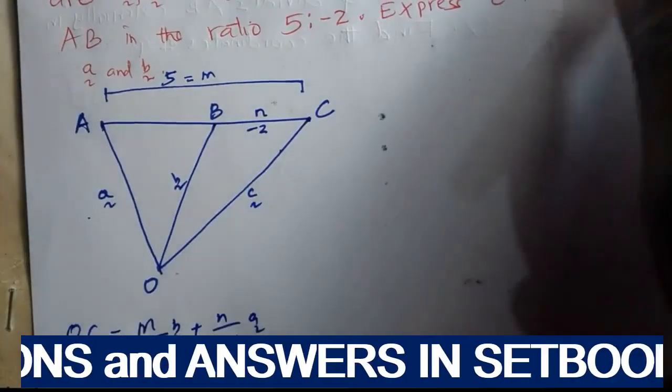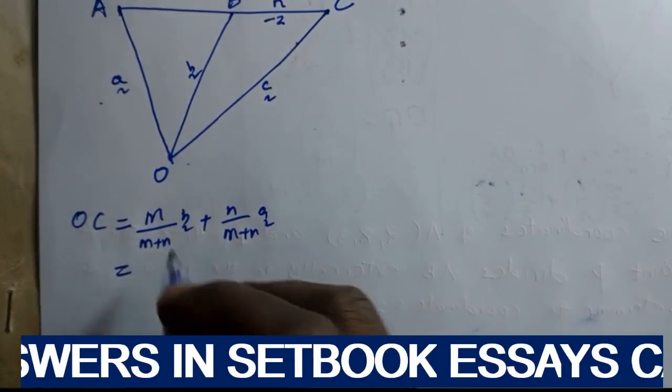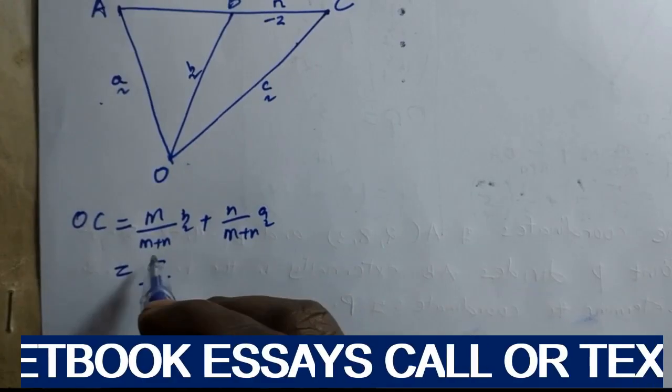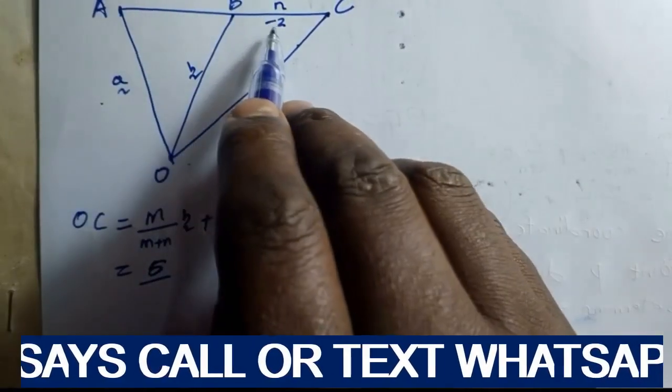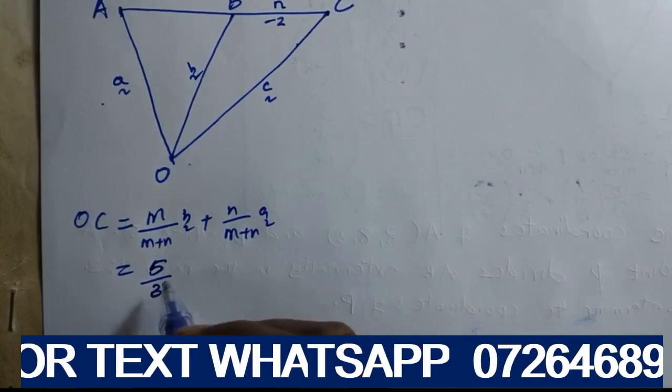So now let's substitute the numbers because we have M and N. Our M is 5 and N is -2, so M plus N is 5 plus -2, the answer is 3.